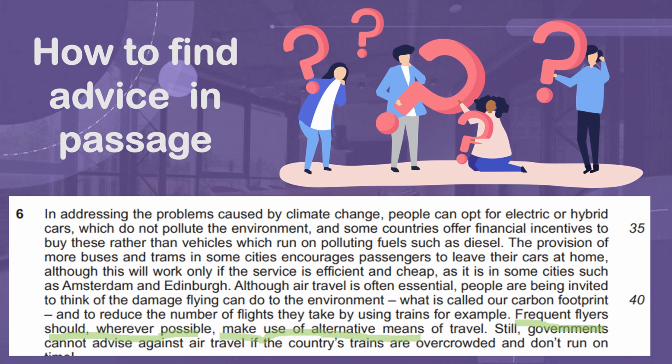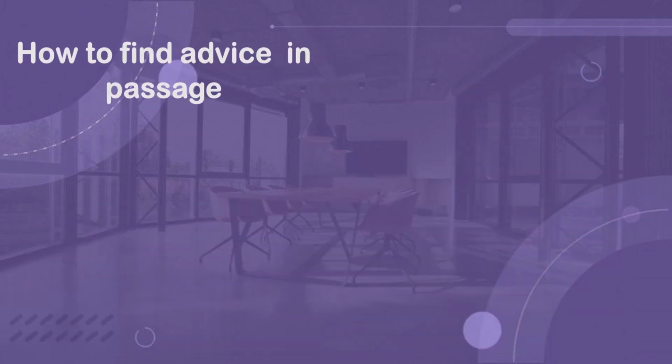You may cut this extra part and you may write should make use of it. So I'm sure that you now know what can be the sentence starters which can bring an advice in the sentence, and which can be the models which can bring an advice in the sentence. So keeping all these in your mind, you can easily find an advice.